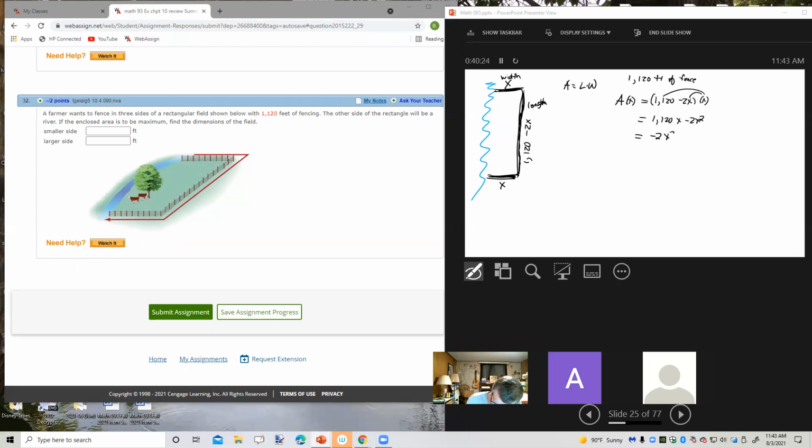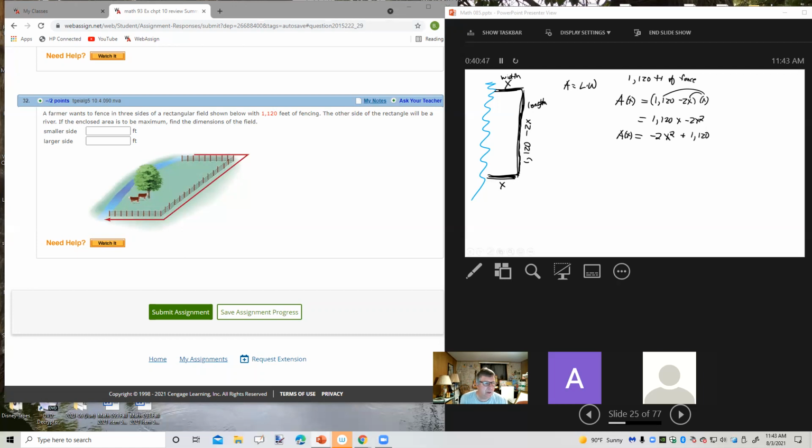We're putting it in a more standard form. We get that. So there's the equation that represents the area of that rectangular fenced-in cow pasture. Okay.